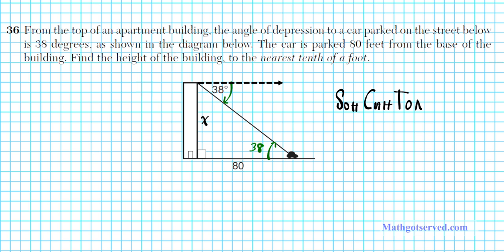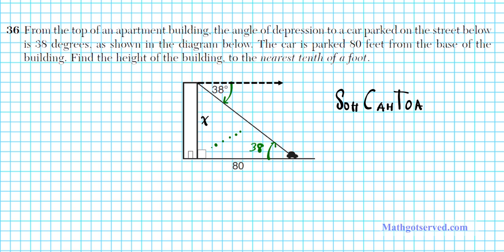Now we are going to be using one ratio here to solve this problem. So is it sine for SO, cosine for CAH, or is it tan for TOA? What we'll do is label the angles we need, the sides we need, and the sides we know, and that should help us figure it out.